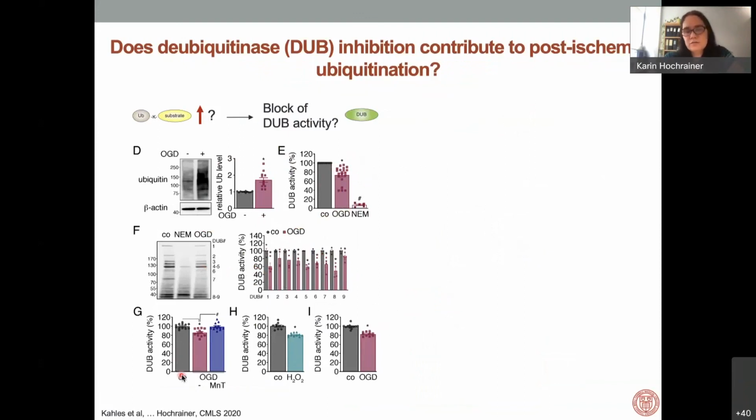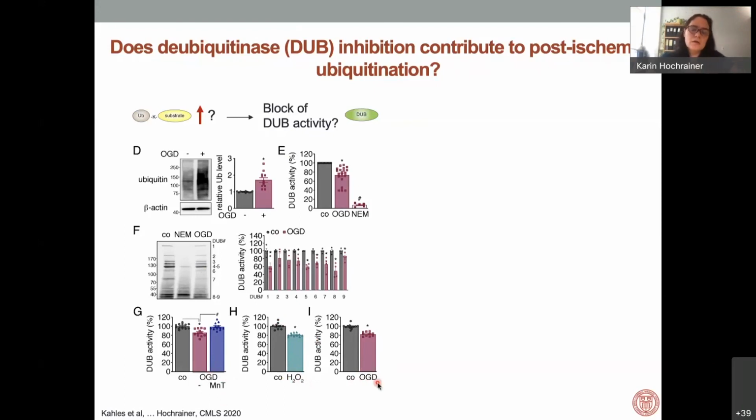This activity reduction we found was dependent on free radicals, as we could block or revert it by applying MnTBAP, a free radical scavenger. We also find the same amount of reduction if we just add hydrogen peroxide onto the slices, and the same reduction we find in OGD.